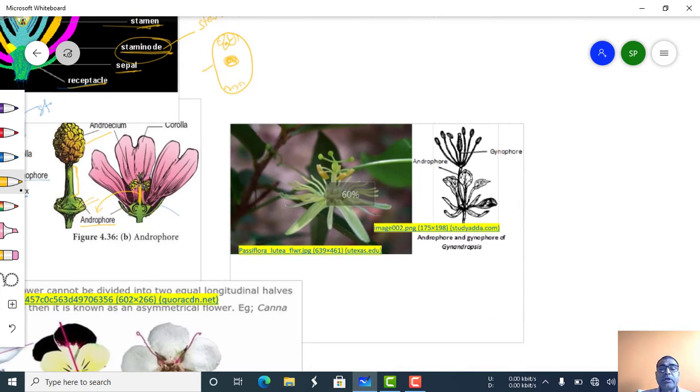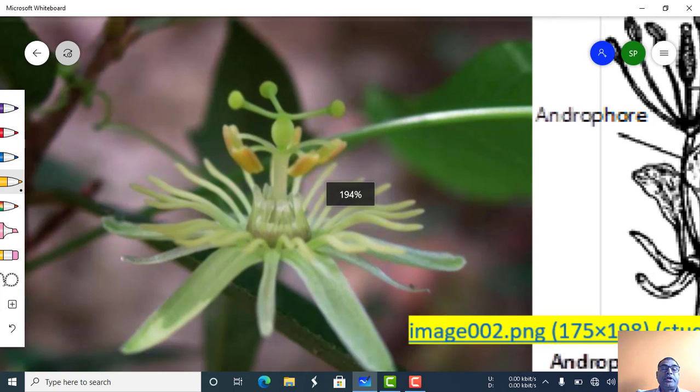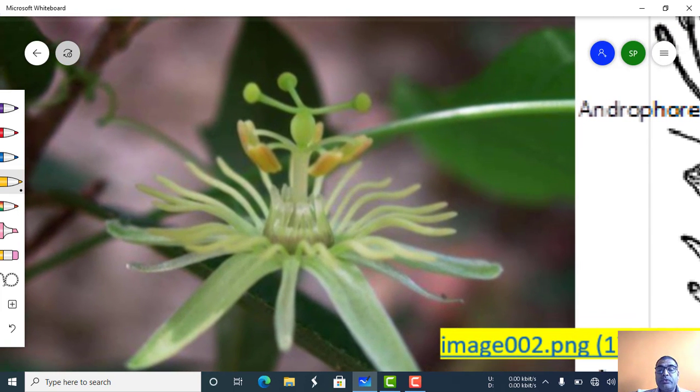See the next figure. This one represents the gynophore condition. This is a whorl of calyx, whorl of corolla. These are the stamens, and this one is a carpel: ovary, style, and stigma. A tripod stigma is present here.